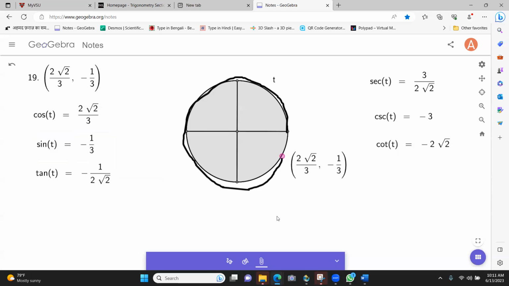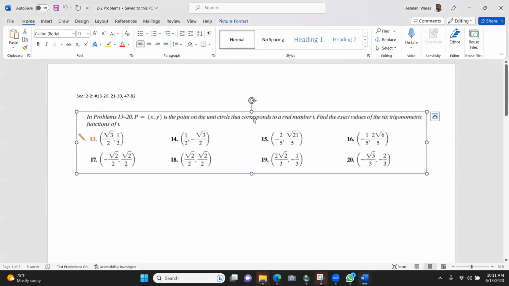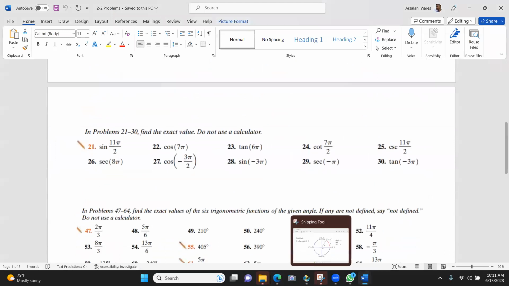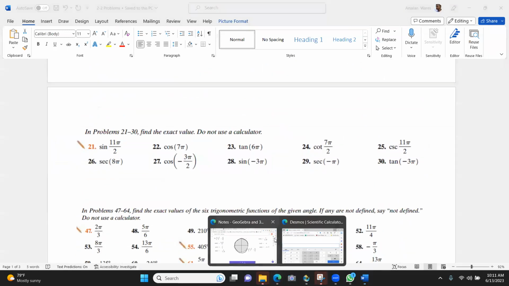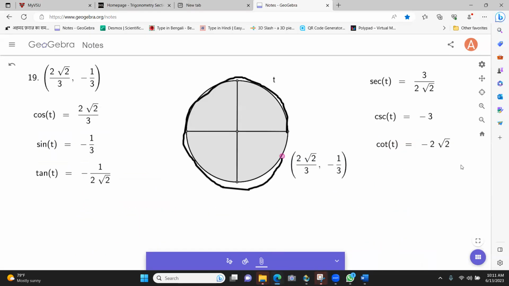So let's pause here a little bit. You should be able to do that whole cluster. Really, they're all the same. Let's go back and pause here just a little bit, okay? See if you guys have any questions. If I messed anything up, you're going to correct me.